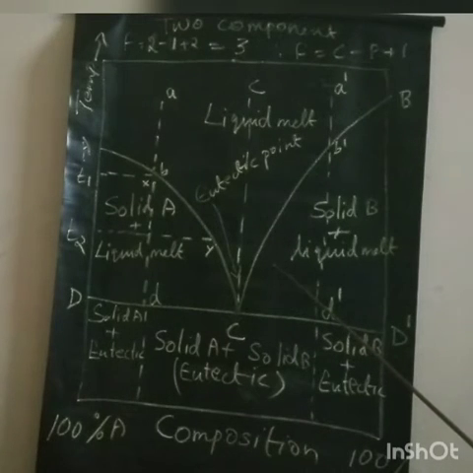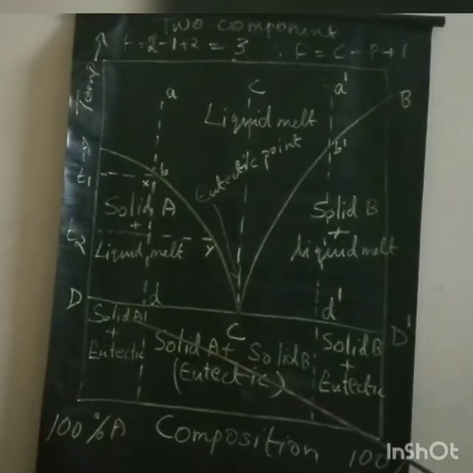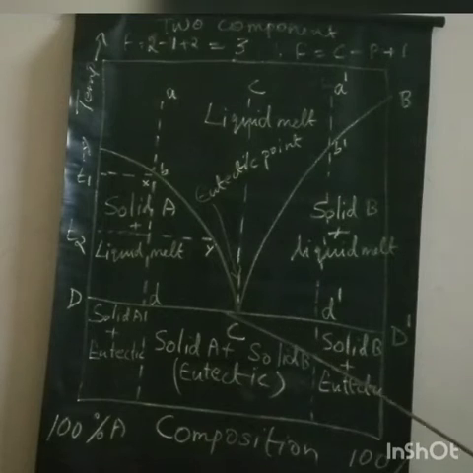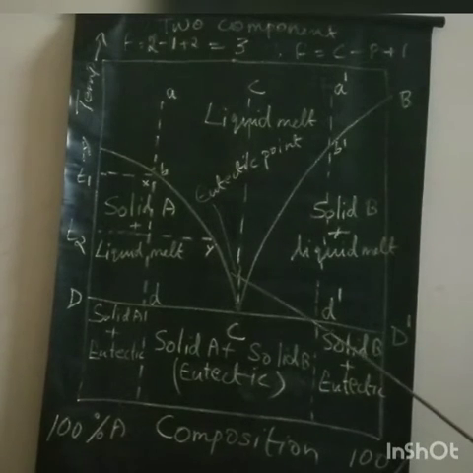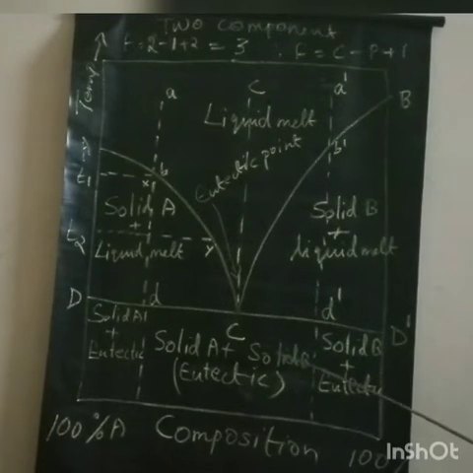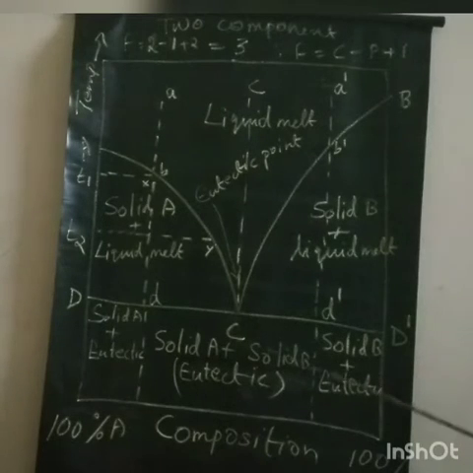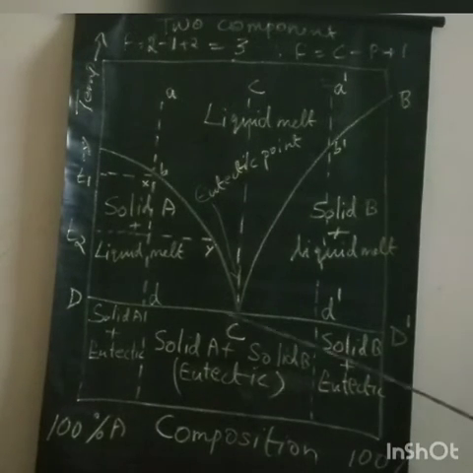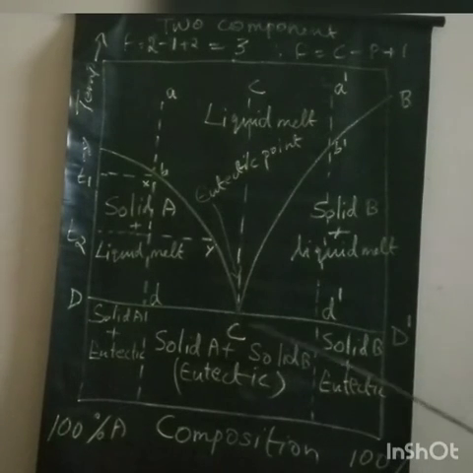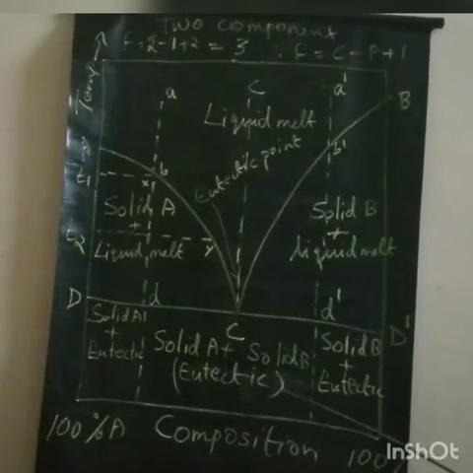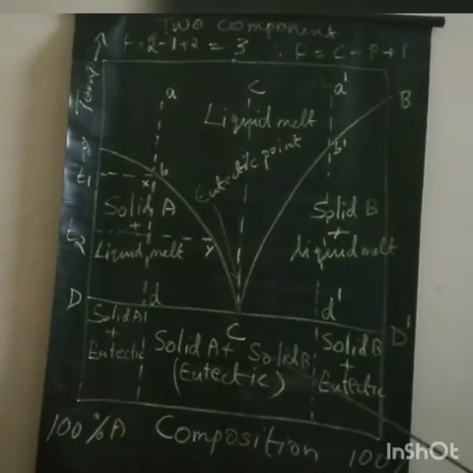The point C is called the eutectic point because the temperature D corresponding to C is the lowest temperature at which a liquid phase can exist in equilibrium with solid A or B. Below C in temperature, you can see only solid A or solid B, or a mixture of solid A and solid B. You cannot see the liquid melt.